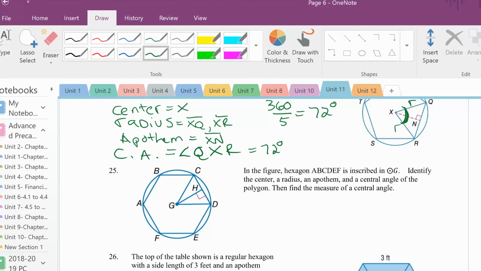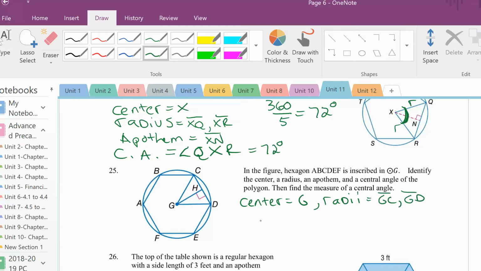In the figure, hexagon ABCDEF is inscribed in circle G. Identify the center. Well, the center is G. The radius, well, you have two radii, GC and GD.